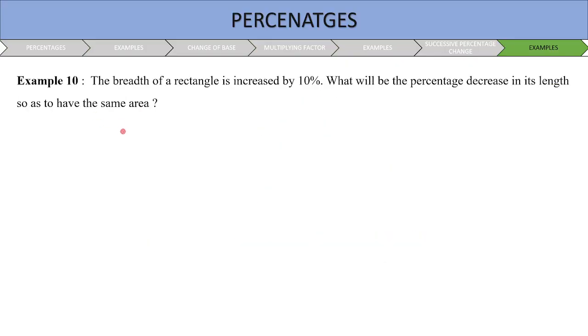Next up, a similar sort of sum to what we have discussed in the previous to previous slide. There is a rectangle, the breadth is increasing by 10 percentage. What is the percentage decrease in its length to have the same area? So here we will use the same formula: a plus b plus ab by 100.